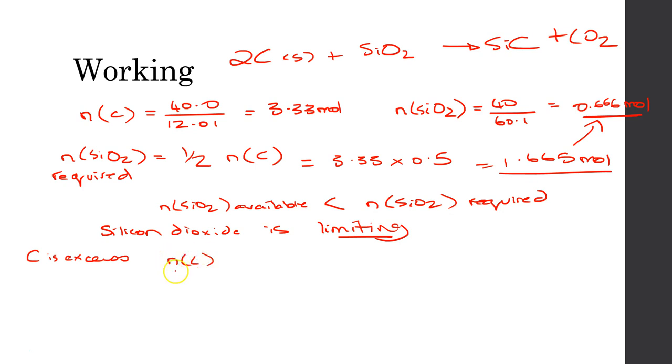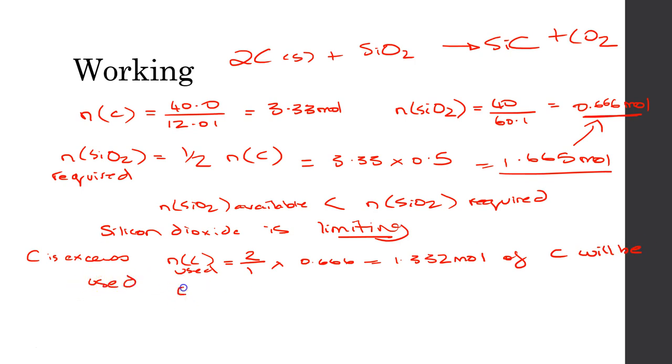So n of carbon used is going to equal, well, I want 2/1 of my silicon dioxide, which is my limiting reactant. So I'm going to have 0.666 multiplied by 2 gives me 1.332 mole of carbon will be used.